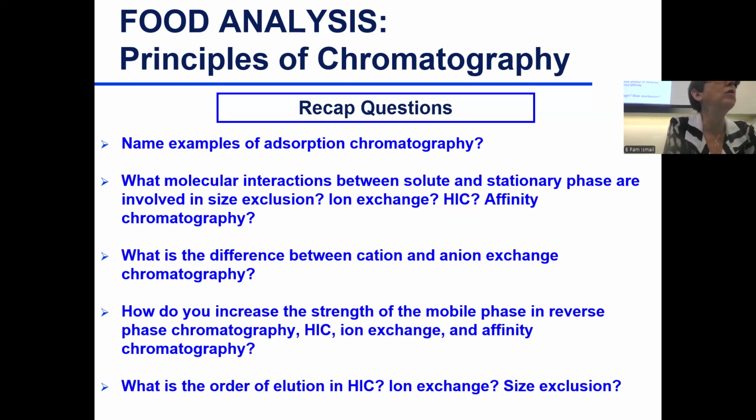And it's not always swapping salt ions. Sometimes you protonate by adding acid, or you deprotonate by adding base, increasing or decreasing the pH. You change the ionization state of your stationary phase or of your molecule, and then they loosen the interactions.